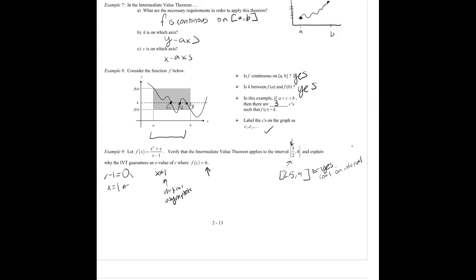So I'm going to have f of 5/2 is equal to 5/2 squared plus 5/2 all over 5/2 minus 1. So that should give me what? 25 over 4 plus 10 over 4 over 3/2.